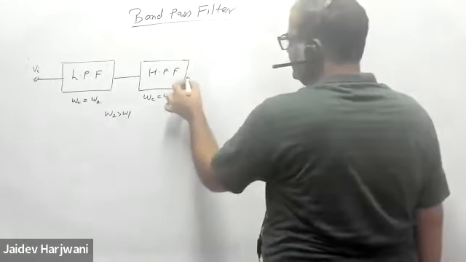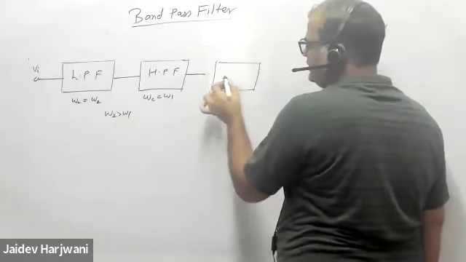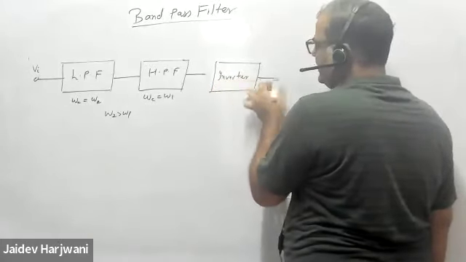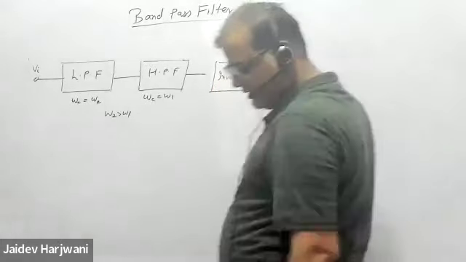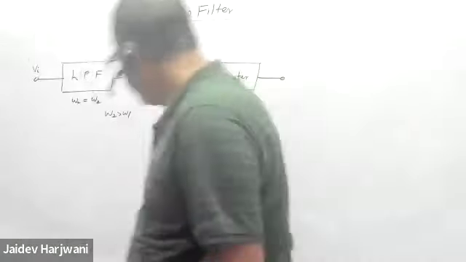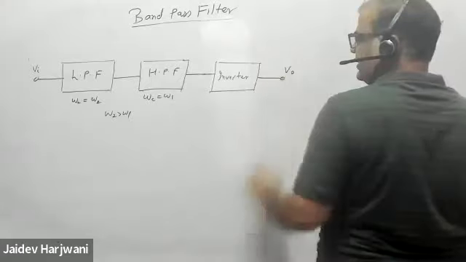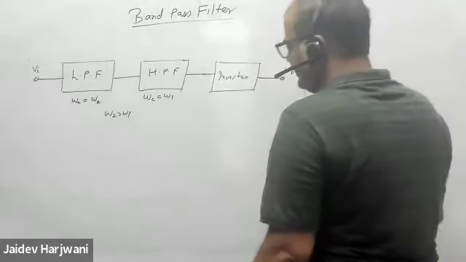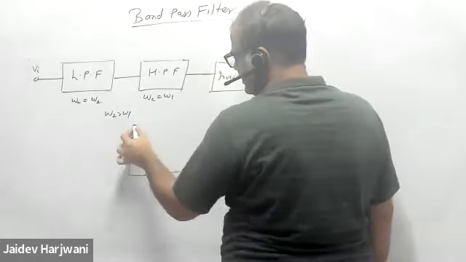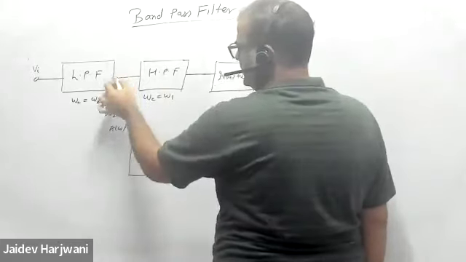Now if I put an inverter to invert this output, then you can get a band pass filter output here. So for example, gain is coming for all the frequencies here.